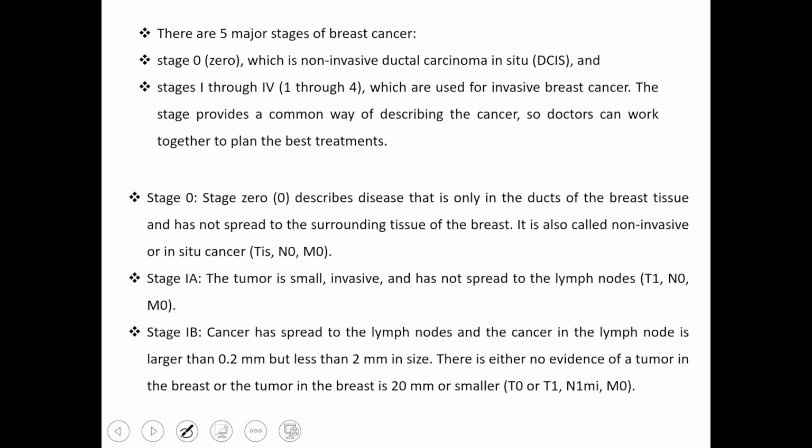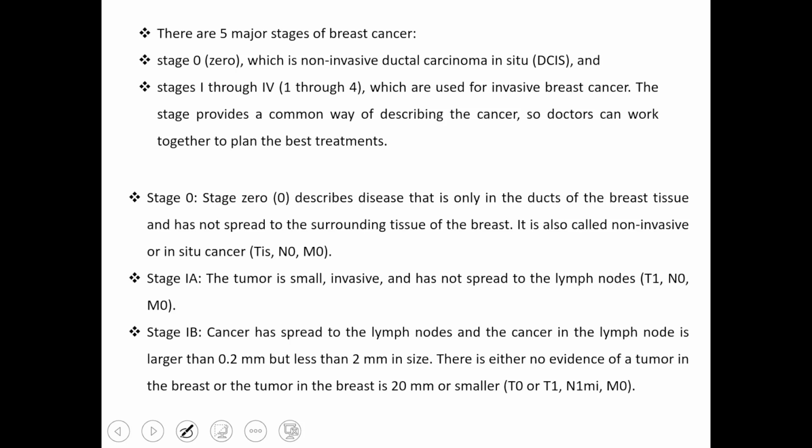So stage 0 describes disease that is only in the ducts of the breast tissue and has not spread to the surrounding tissue of the breast. It is also called non-invasive or in situ cancer, TIS N0 M0. Okay, so only the ducts of the breast tissue are involved, it will not spread to the nearby cells, so only a small part will be developing in that case.